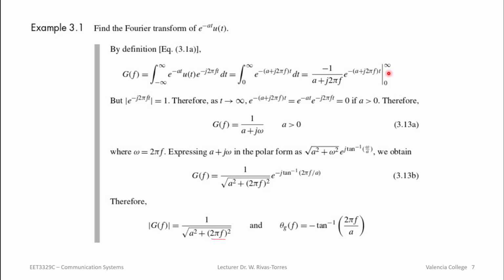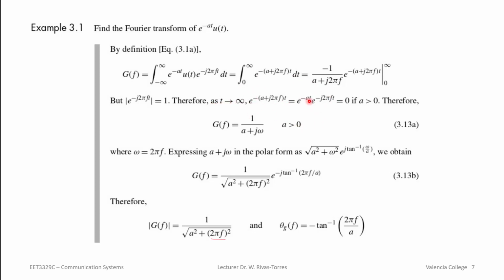So how do we solve this? Because we have to evaluate it from 0 to infinity, right? Keep in mind that the magnitude of e to the minus j2 pi f t equals 1. Therefore, when t goes to infinity, this whole term goes to 0, okay?